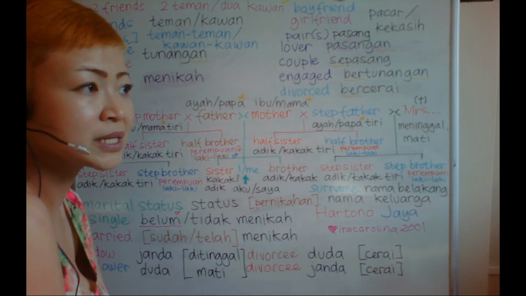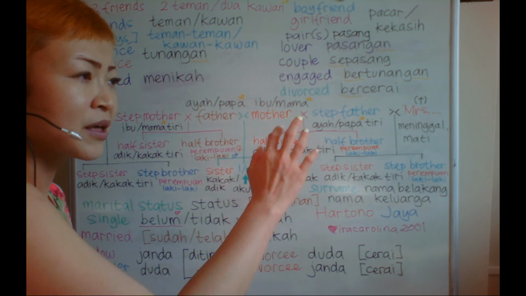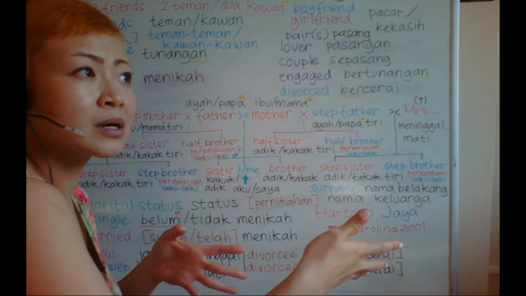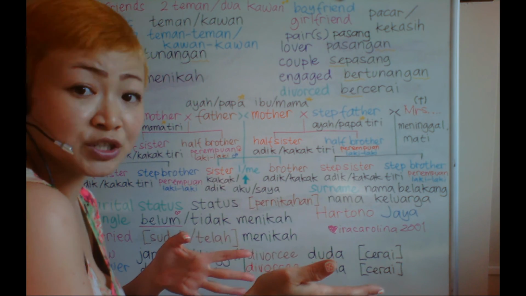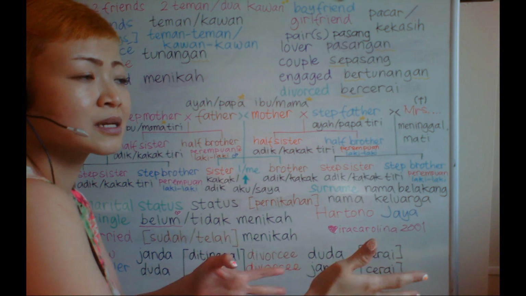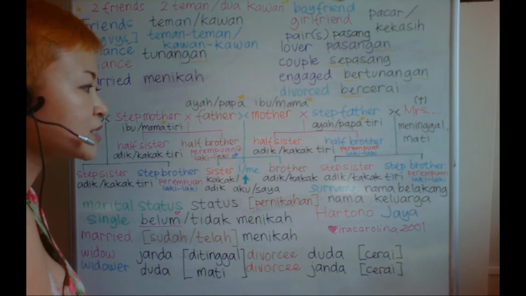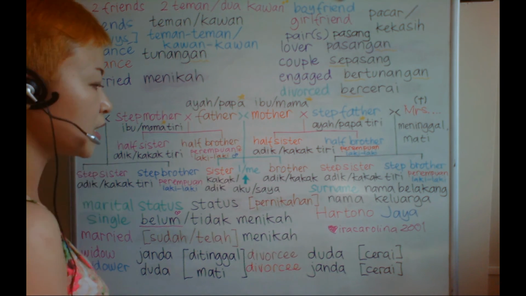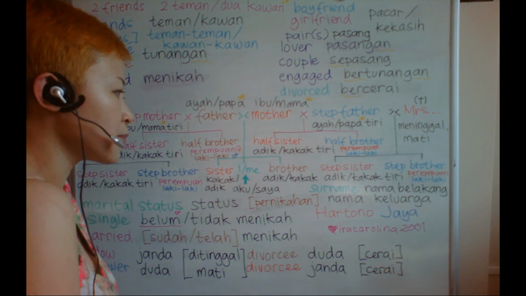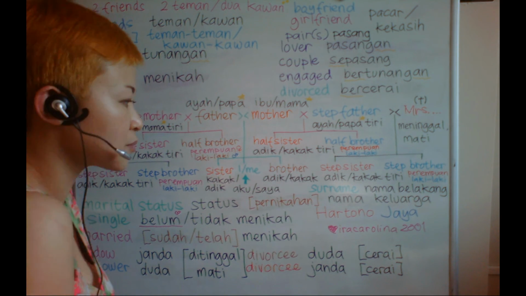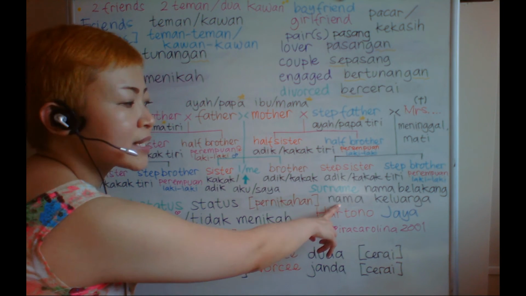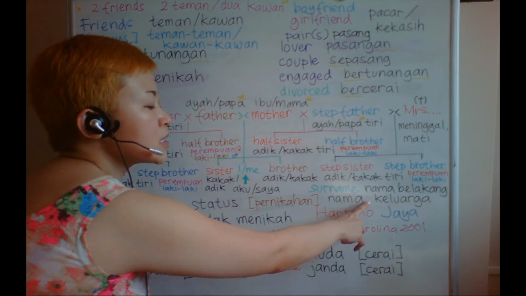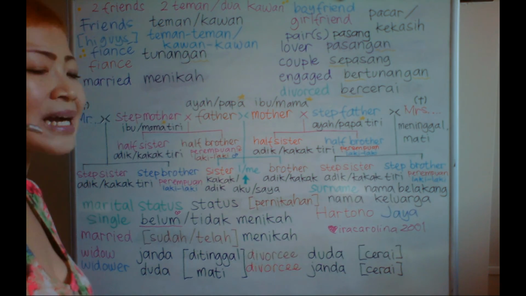It often happens in Indonesia. The father's name becomes the surname of the children, the last name of the child's name. That's why in Indonesia, if you say surname, it should be translated as nama keluarga.